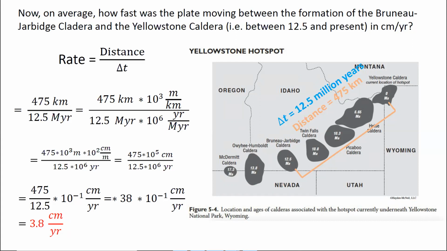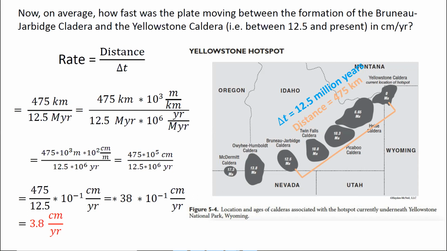Again, these two calderas are located 475 kilometers apart. However, the Bernot-Jarbidge caldera is 2.5 million years old, and the Yellowstone caldera is approximately 0 million years old. Obviously, it's slightly older than that, but on this time scale, it's very young and effectively 0 million years old.